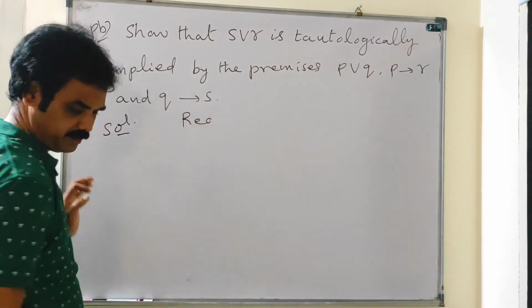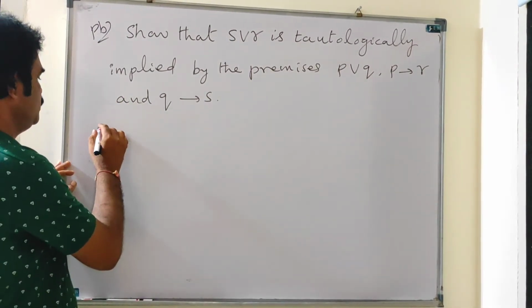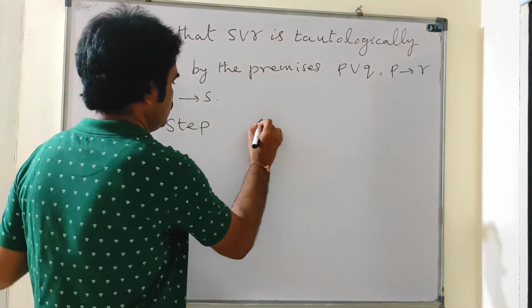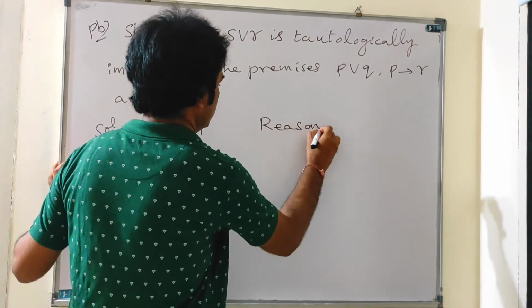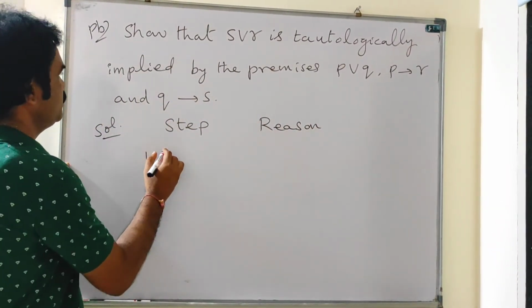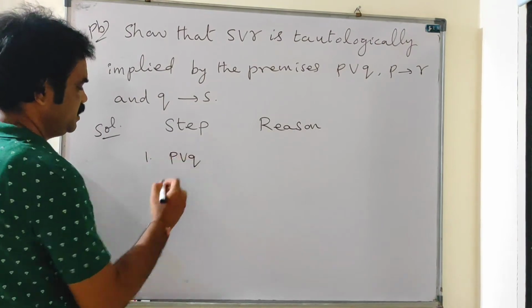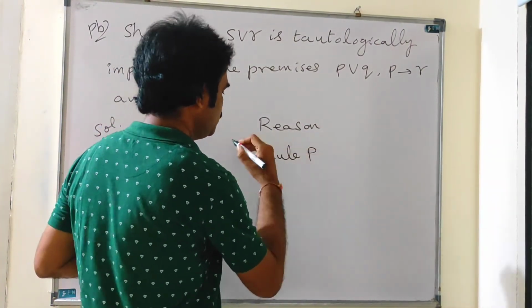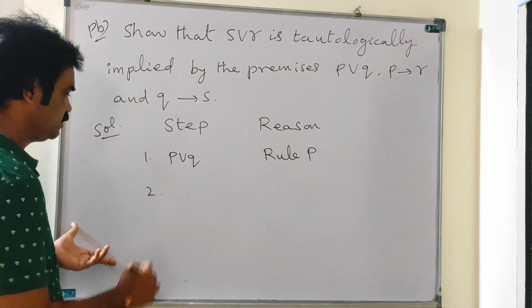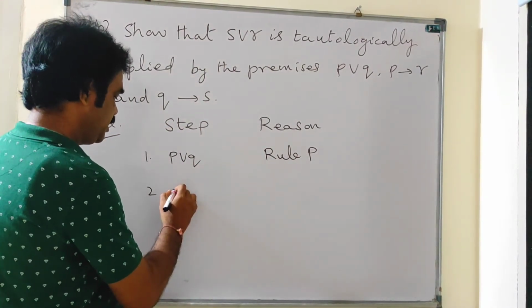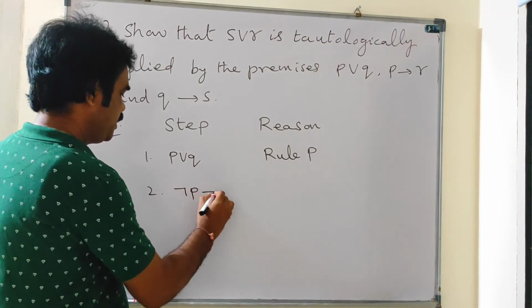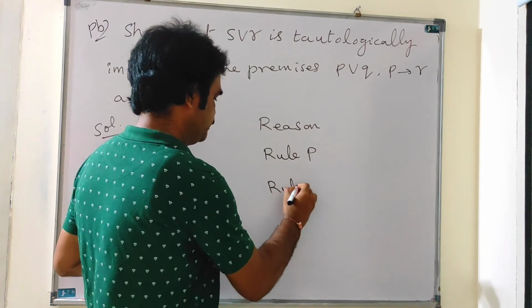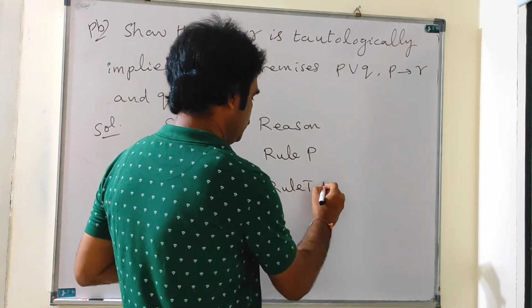Step, reason. First step: P or Q. This is in the given premises. That's why rule P. If you introduce a premise, that is rule P. Second one: this can be written as negation P implies Q, using rule T, using 1.